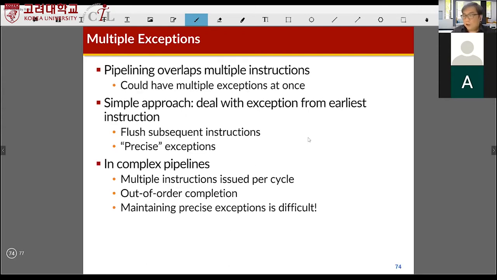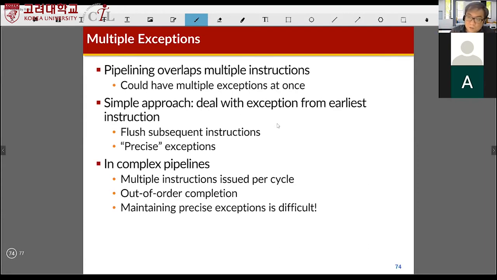So then how can we handle these multiple exceptions? We can follow the exception handling rule we learned in today's class.